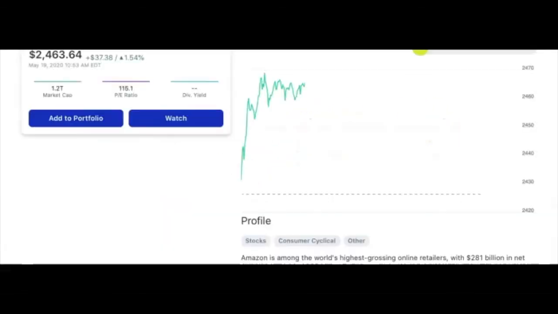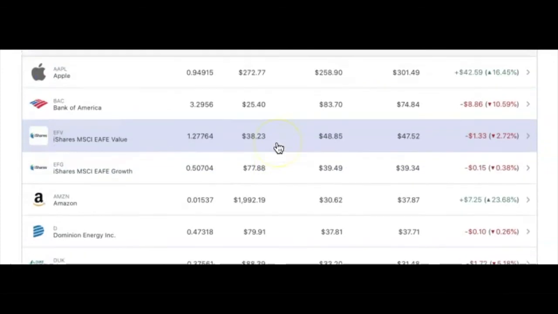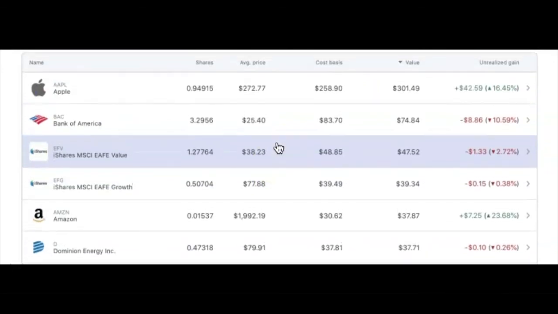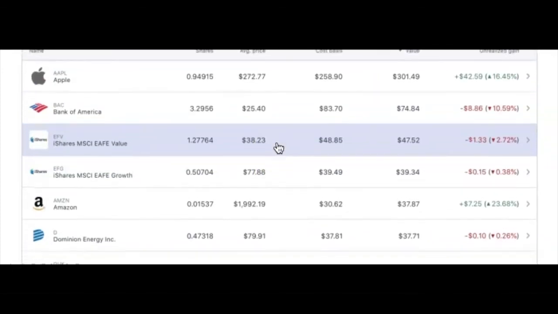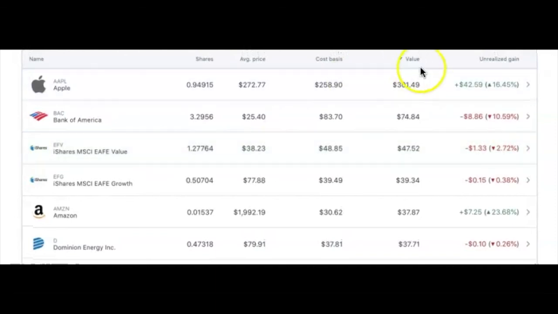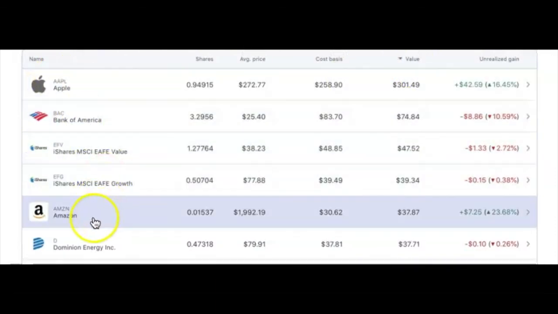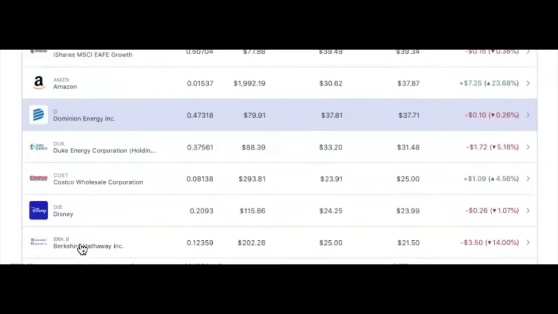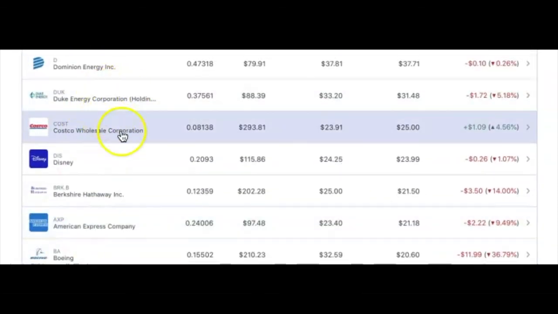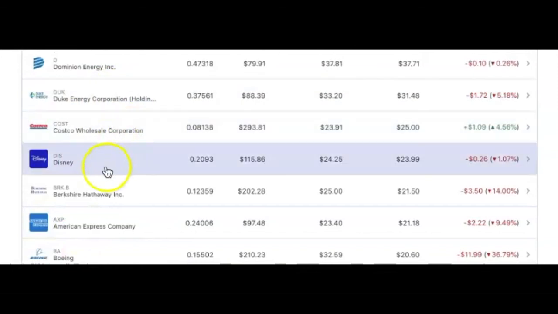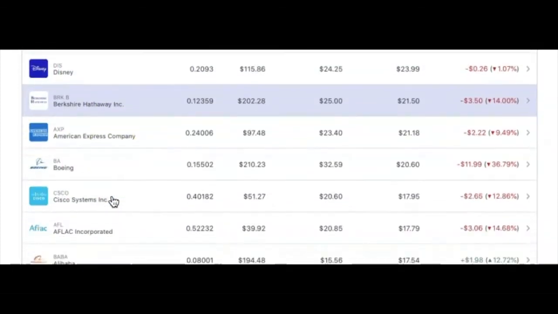To close everything up, this is exactly what I'm trying to do here with my portfolio. All these companies, we all know them, and they all pay dividends. They're out there having their business.